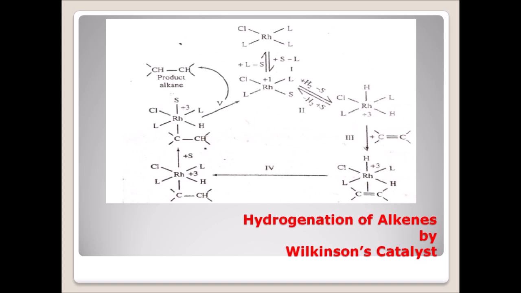Step 3 involves the coordination of the alkene to the potential vacant site on the 5-coordinate dihydrido complex to form the 6-coordinated species.